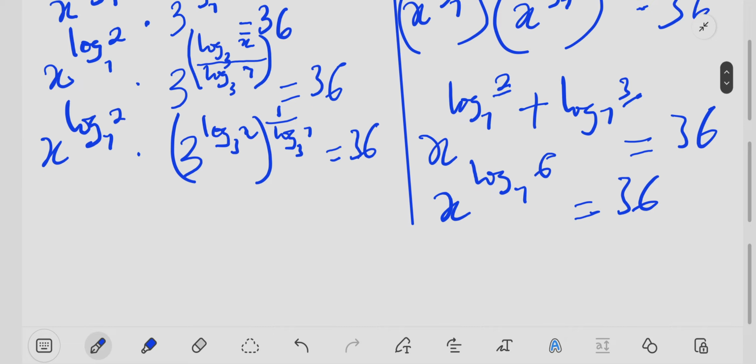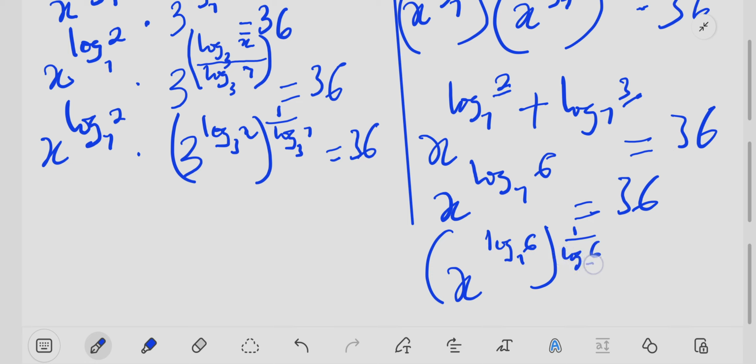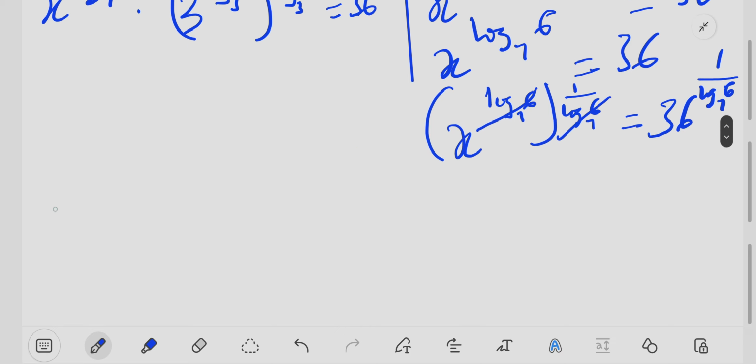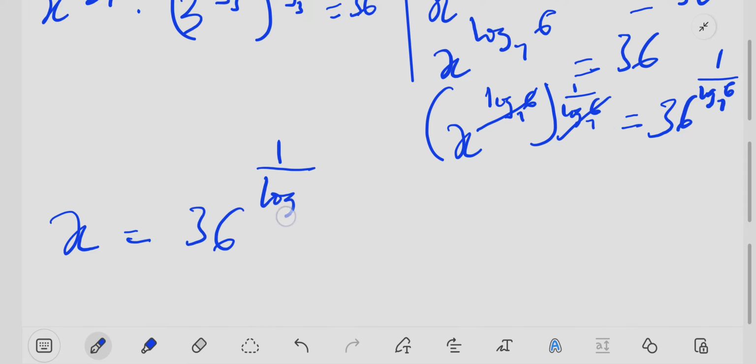So you want to get x, what do we do? It's quite simple, right? You can just take 1 over log 6 base 7 on both sides. So we are going to get this, so that this cancels out that to give us x equals 36 raised to the power 1 of log 6 base 7.